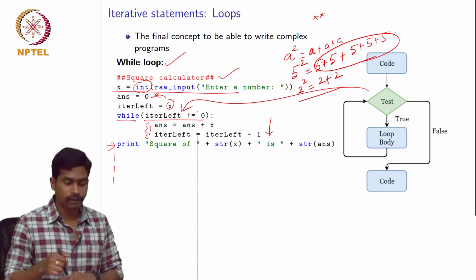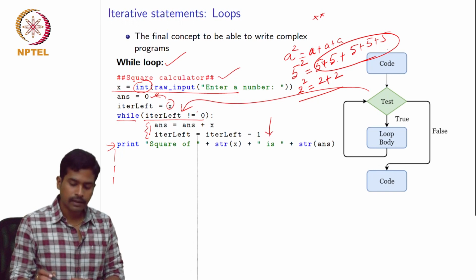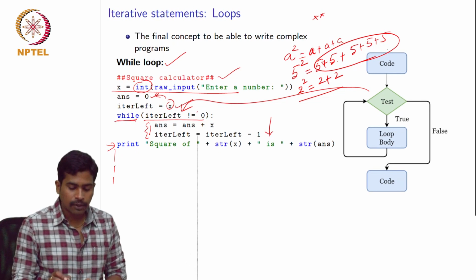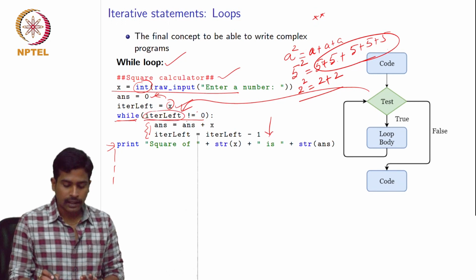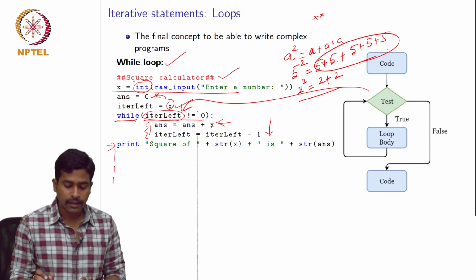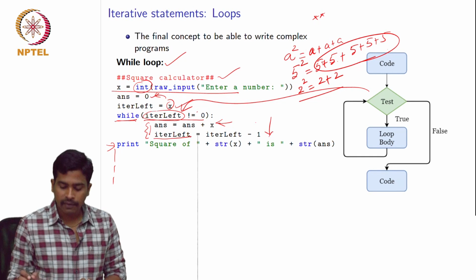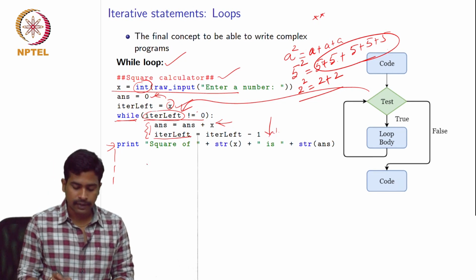So the number of iterations here is going to be the number itself. And we have written a while loop. The condition here is: if the number of iterations left is not equal to 0, we go back and add the number to the answer. Then we decrement the number of iterations by 1. Now I will explain in the case of 3 square.